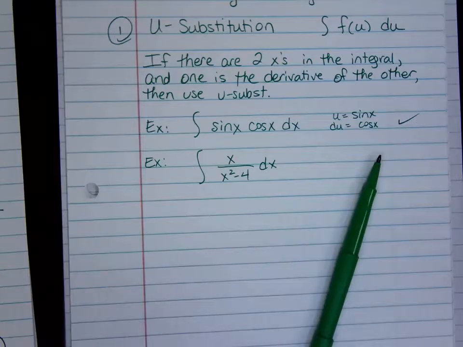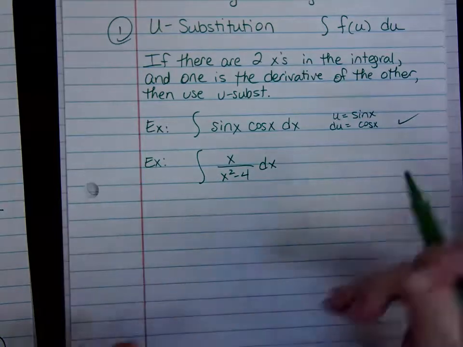Yes. Okay. But let's not go down that road unless we have to. Okay. Is the top the derivative of the bottom, or could I make it the derivative of the bottom? I could make it. What do I need to give it? A 2. It just needs a 2.